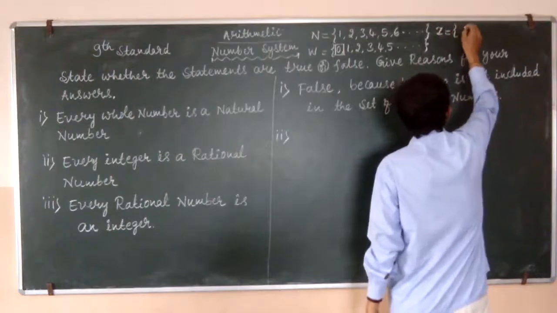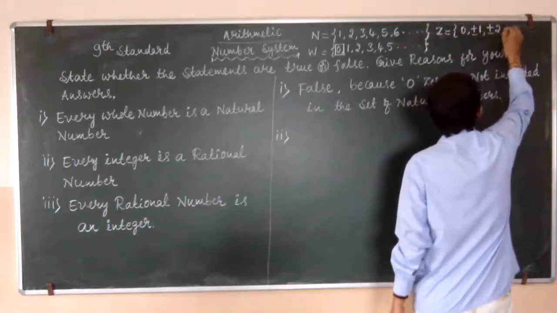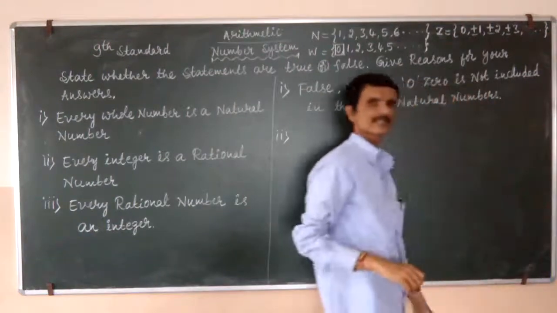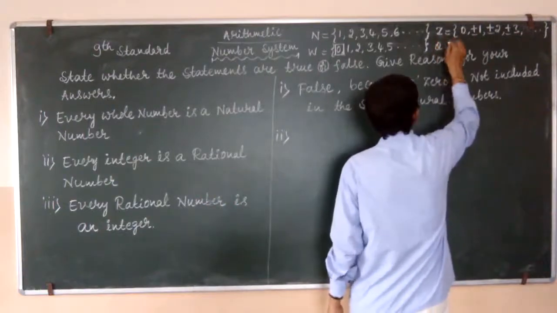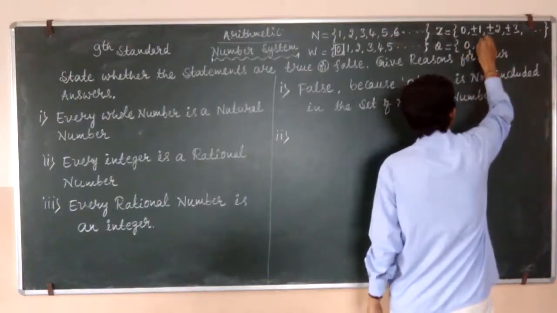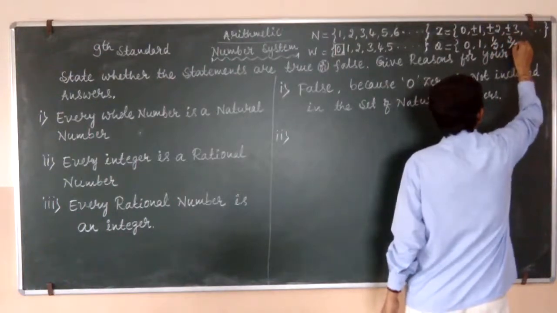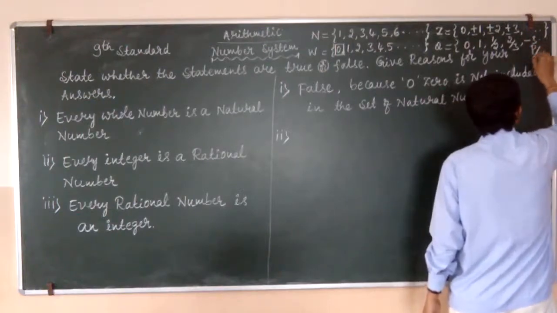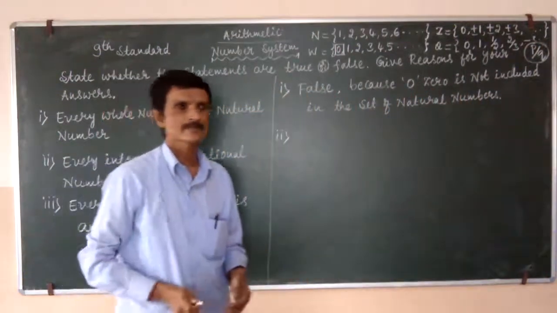Z equals 0, plus or minus 1, plus or minus 2, plus or minus 3, etc. This is the set of integers. In case of rational numbers, it is represented by Q. This can be written as 0, 1, 1 by 2, 2 by 3, or negative numbers, etc. They are all in the form of p by q.